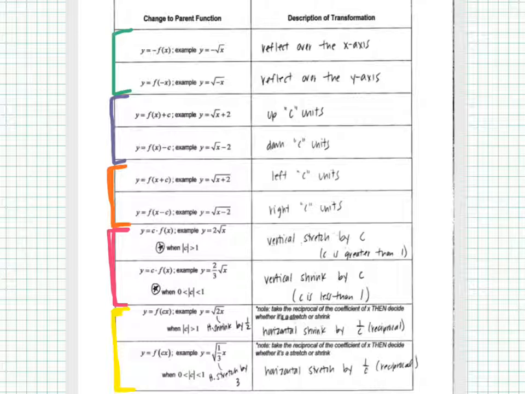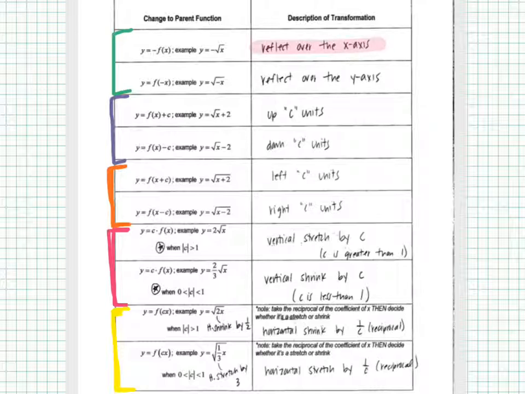There's a couple patterns in this chart that might be helpful to notice, and it deals with whether the transformation's on the inside of the function or on the outside of the function. So I'm going to highlight those for you so you can see the difference. If we start at the top, that negative's on the outside of the function, so I'm going to go ahead and highlight that.